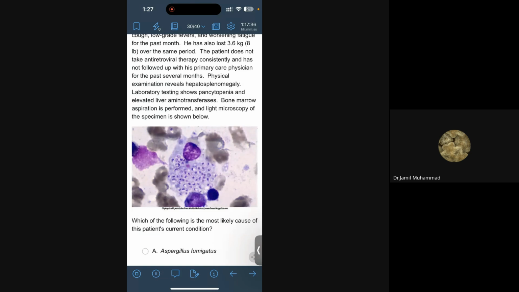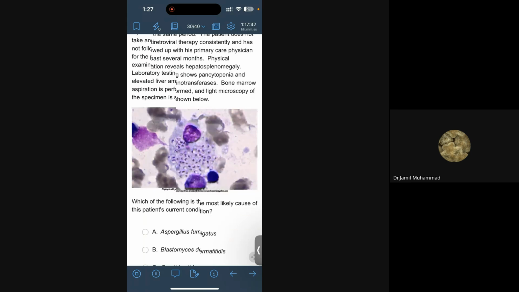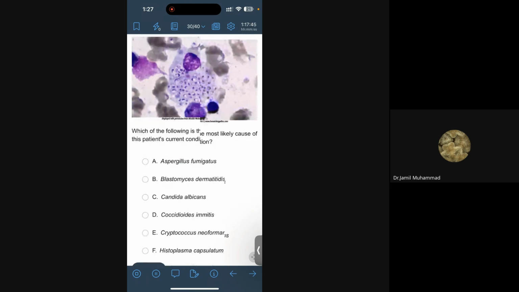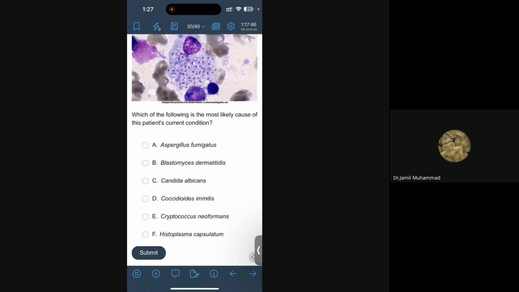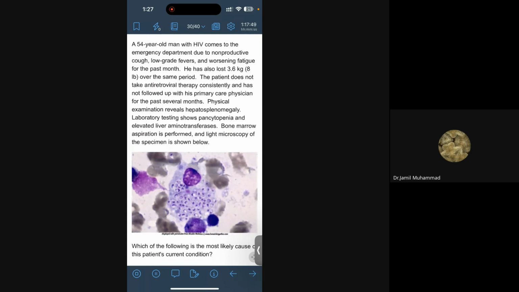Very clear picture. Which of the following is the most likely cause? Read the options. A 54-year-old with HIV, non-productive cough, low-grade fever, and worsening fatigue over the past month, lost 3.6 kg, does not take antiretroviral therapy consistently, has not followed up with his primary care physician.